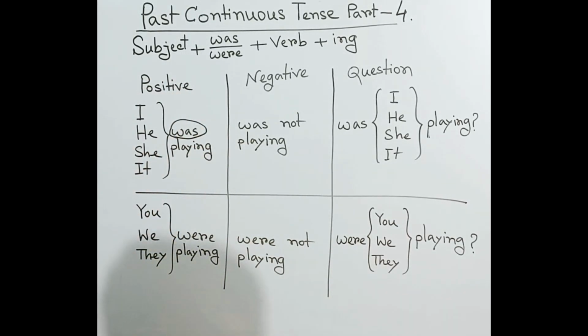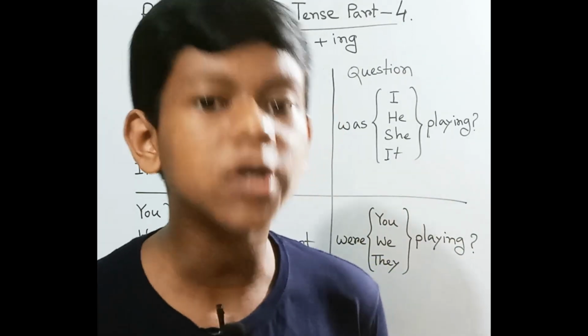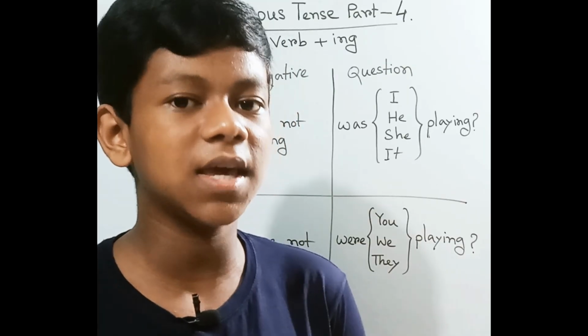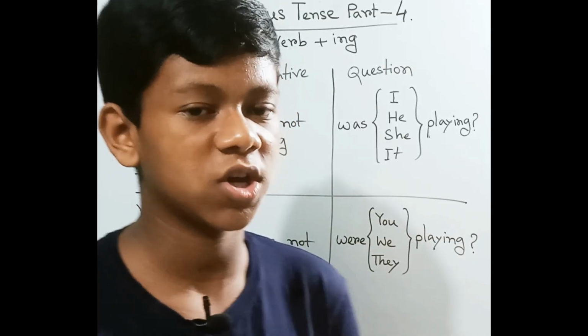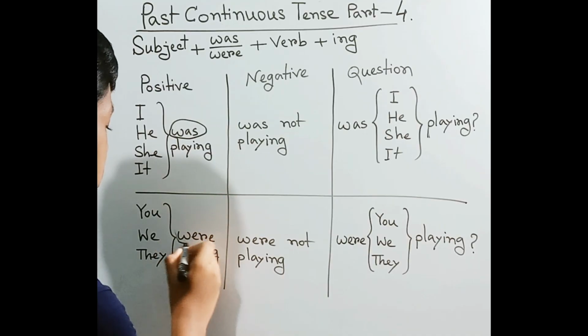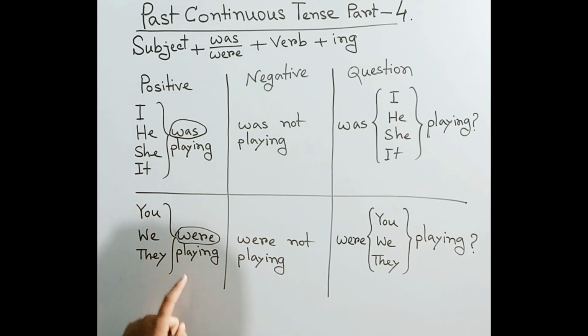So here we have understood. Just focus on it and remember it in your mind. Without I and the third person singular, we put were after the subject. Here there is some subject, then I have added were, then I have written the verb, then I have simply added ing.